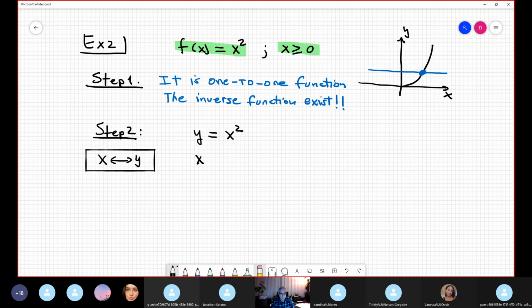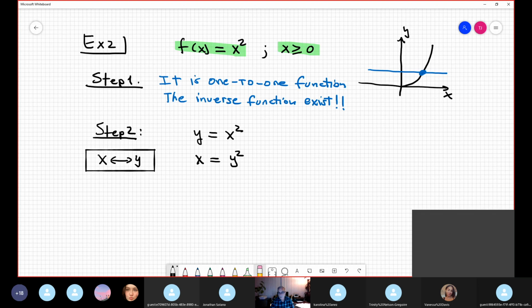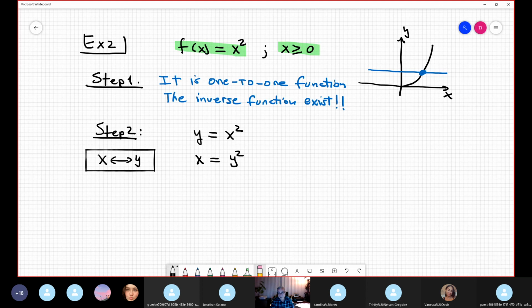Just curious, this passes the horizontal line test, but the vertical line test is to prove it is a function or no. Horizontal is to prove it is 1 to 1. It is logical that it passes the vertical because it's a function, but it also passes the horizontal to be 1 to 1. That's the thing we're discussing today.